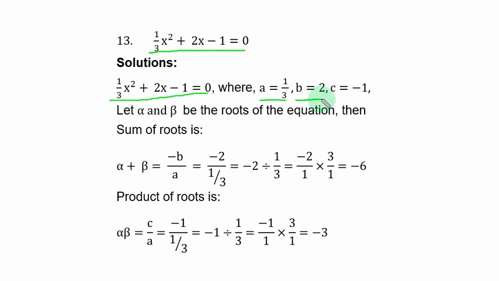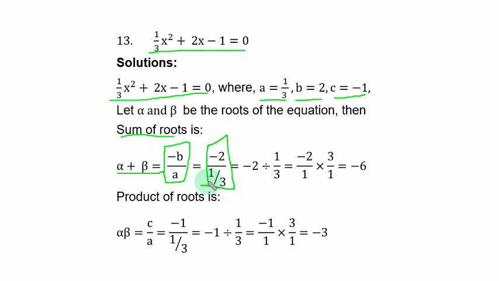And c, the constant term, that is minus 1. So if we let alpha and beta be the roots of the equation, then sum of roots, as we have stated, is alpha plus beta equal to minus b over a. So b is 2. We have minus 2 over a, 1 over 3.